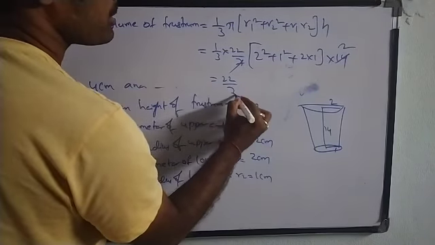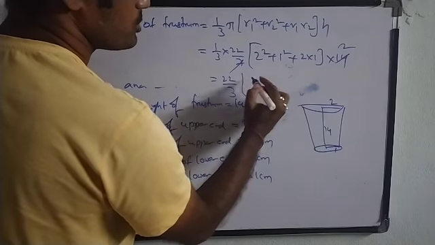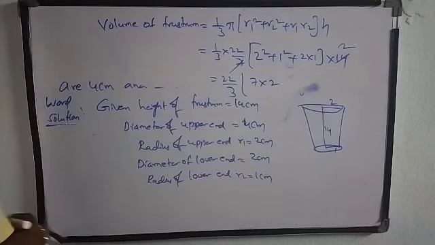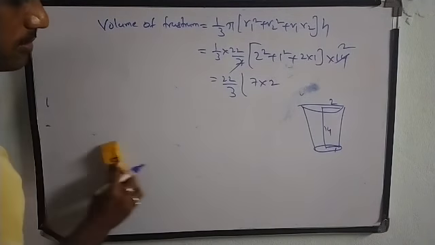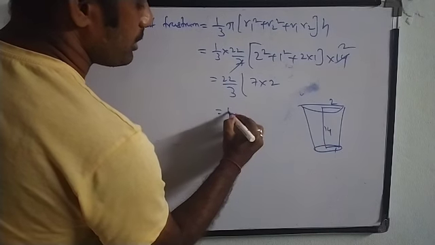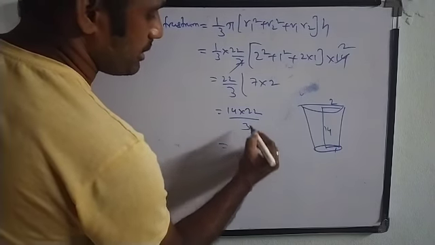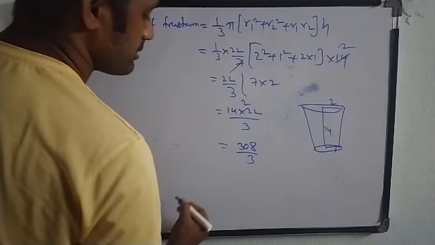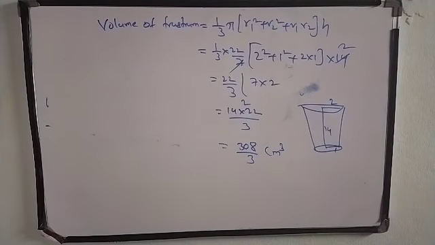So 22 by 3 into 2 square 4 plus 1 is 5 plus 2 is 7, into 2. So it will be 14 into 22 by 3, which is 308 by 3 centimeter cube. That is the volume of the frustum.